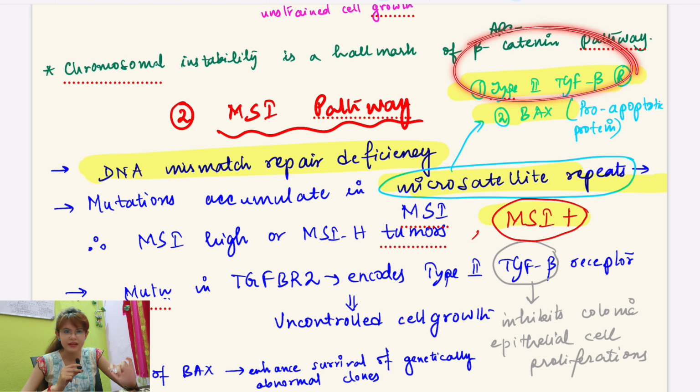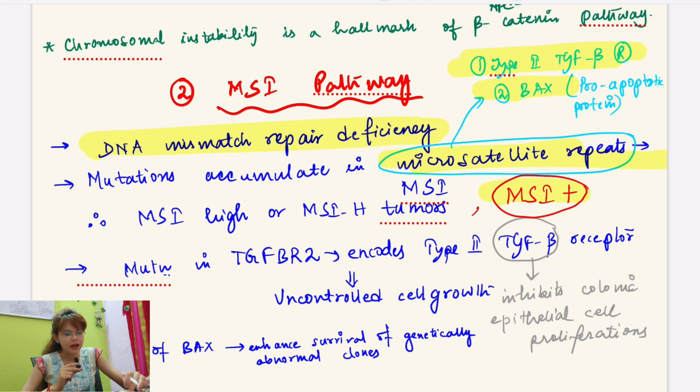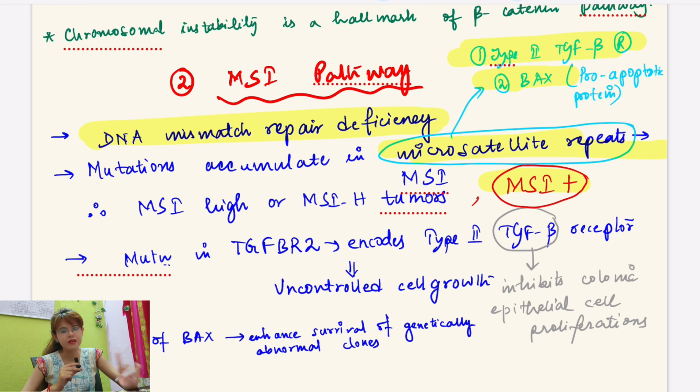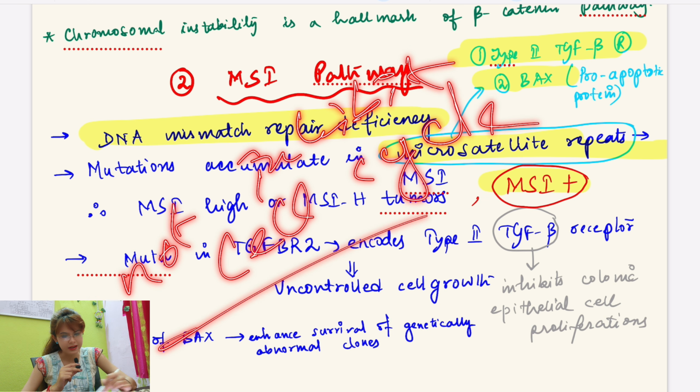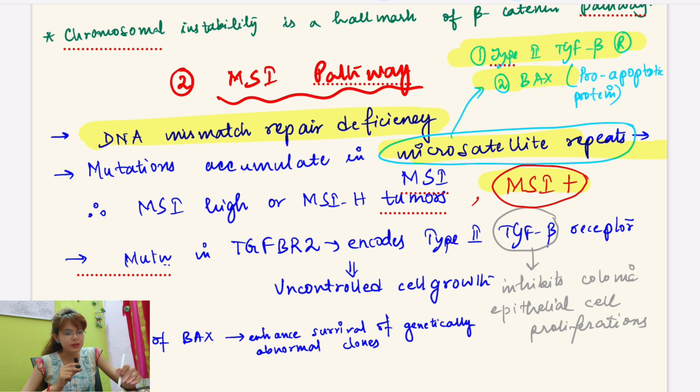So here it was normally activated, but now when there's a mutation in this particular receptor, this TGF beta will again not be produced. So again that will not inhibit the cell cycle. Not inhibiting the cell cycle means ultimately there will be an increase in the cell cycle. Negative negative becomes positive, so there will be uncontrolled cell growth.